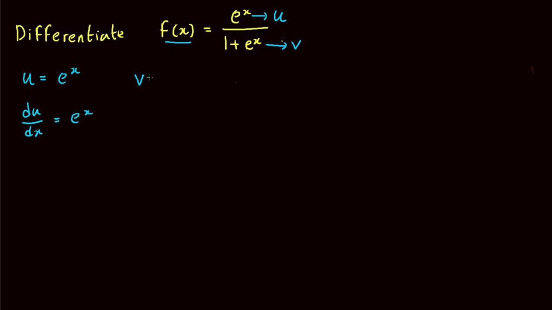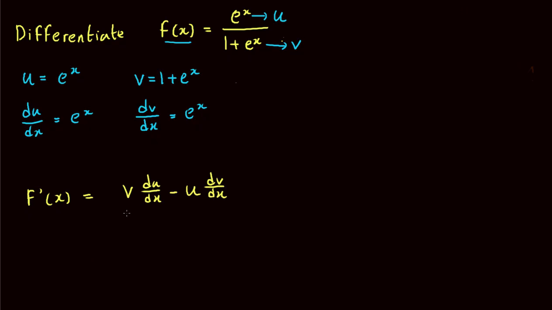Whereas v is 1 plus e to the power of x, and the derivative of v with respect to x is also e to the power of x. And we know from the quotient rule that we learned a few videos ago that f prime of x is equal to v du/dx minus u dv/dx, over v squared.